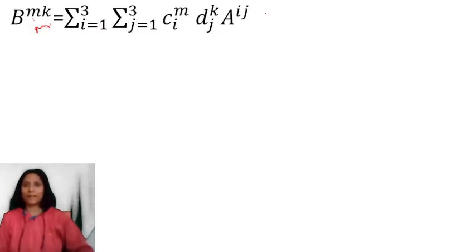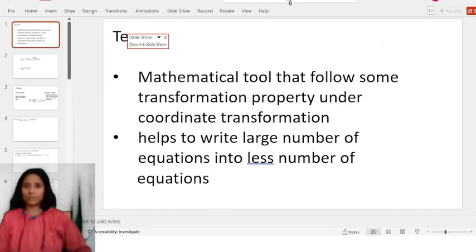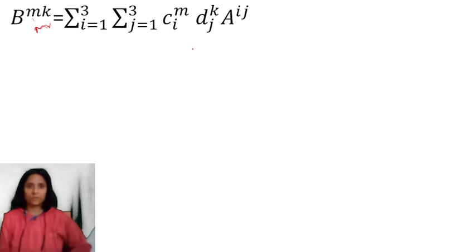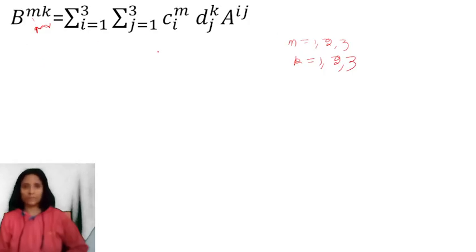And how many elements are in a matrix? If m can take three values, 1, 2, 3, and k also can take three values, how many equations can you get? Take the combinations: you get b11, b12, b13, b21, b22, b23, so you got a total of 9 equations.